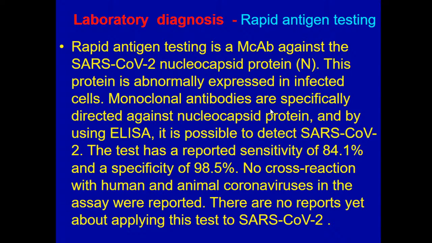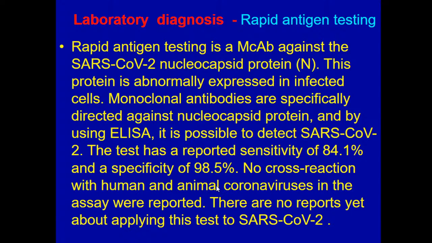So the monoclonal antibodies are specifically directed against the nucleocapsid protein, and by using an ELISA, it is possible to detect SARS coronavirus 2. The test has a reported sensitivity of 84%, which, compared with other infections, is still not so high. But the specificity of the test is 98.5%, so it means it will not give false positive reactions.